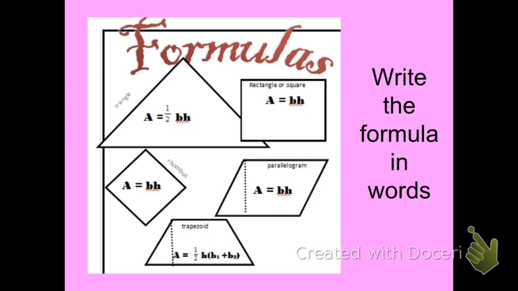A triangle, we have to half it. The other 3 4-sided figures are all the same except for this one because it has different side lengths. Do you see that? The sides are different lengths, yes or no? No. Yes. That's why this one has a different formula. If you can keep that in your mind, these are all the sides are basically the same, right? But not this one. Okay.